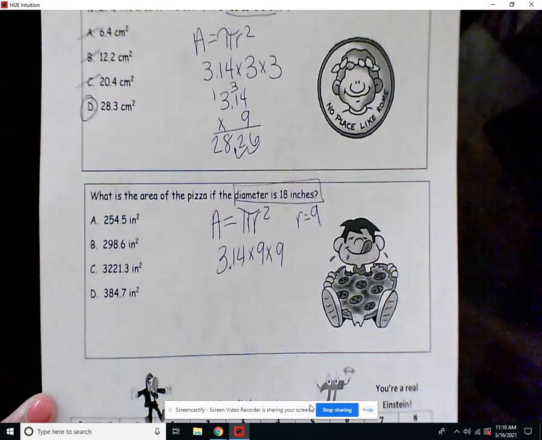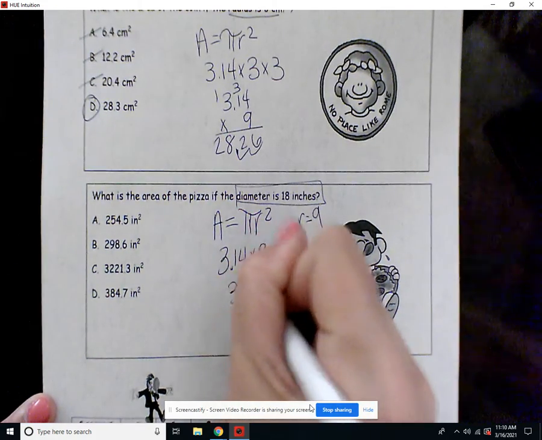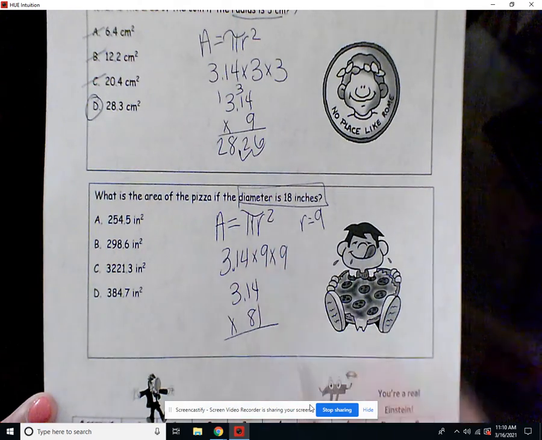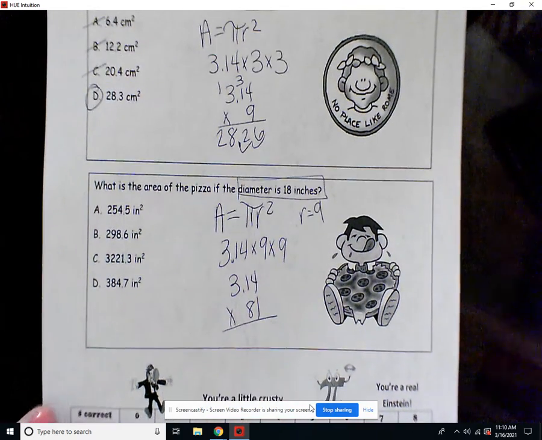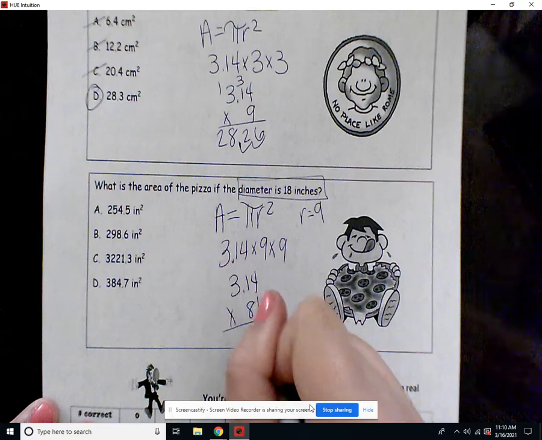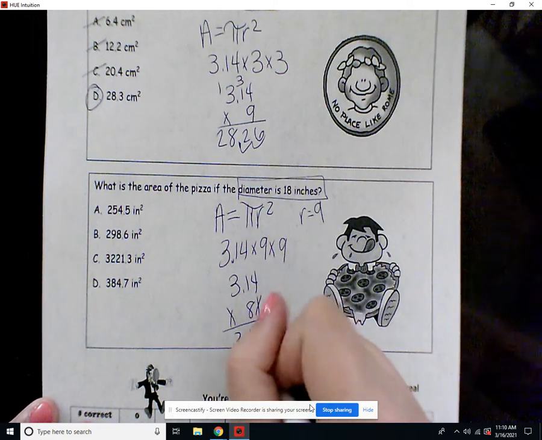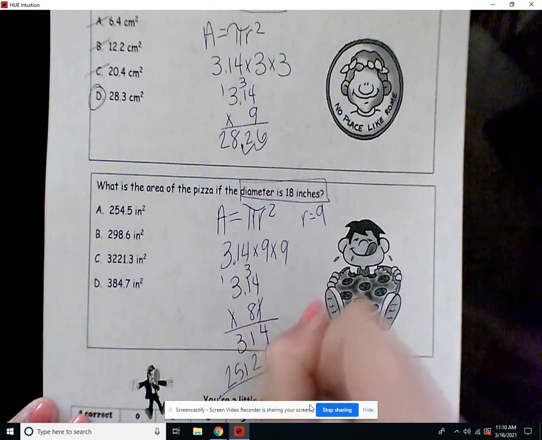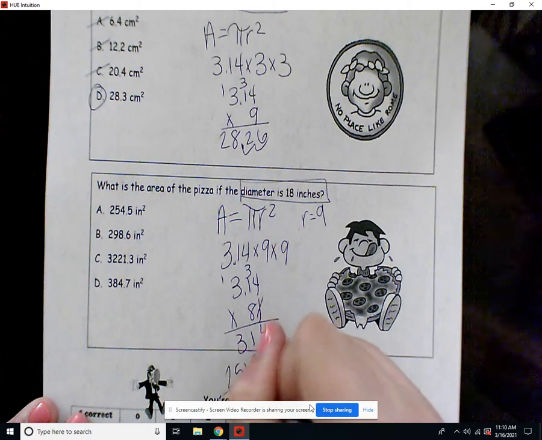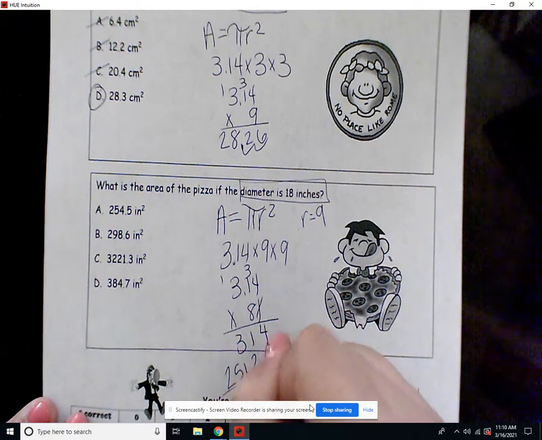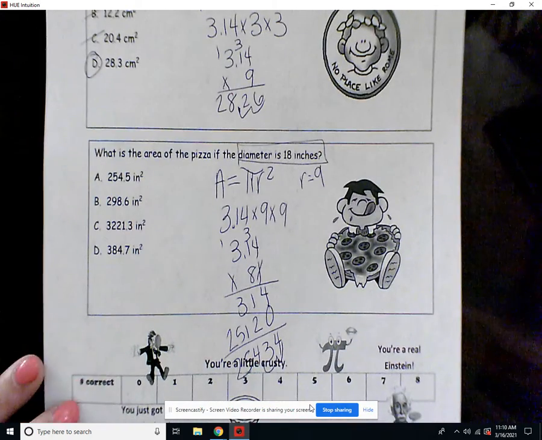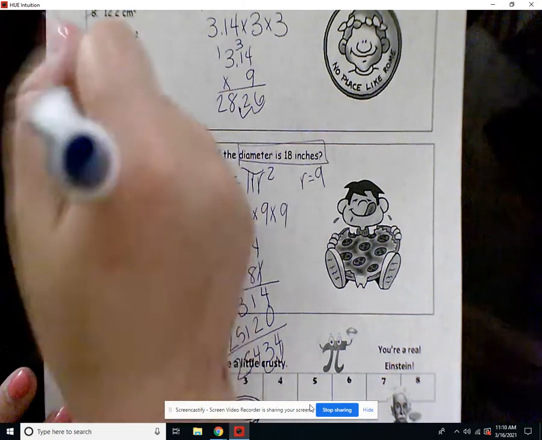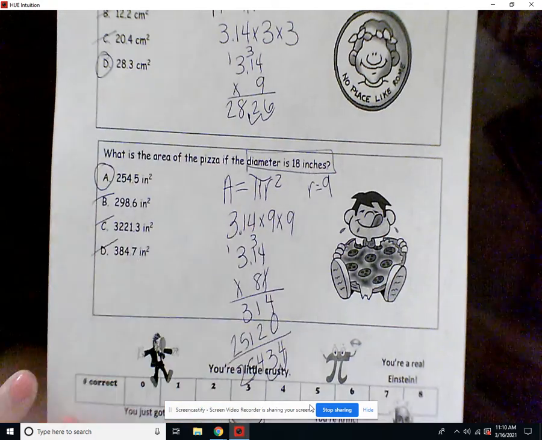Then we can multiply. So 9 times 9 is 81. And then we'll do 81 times 3.14. And then we'll find the closest answer. So we get 254.34, and that is closest to A.